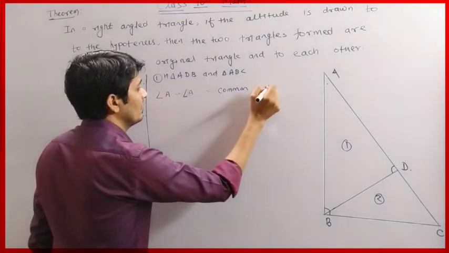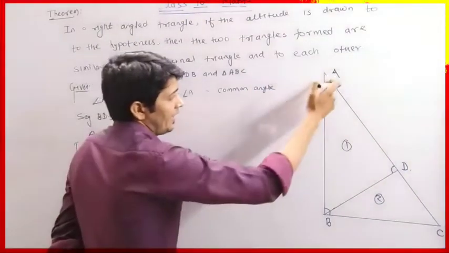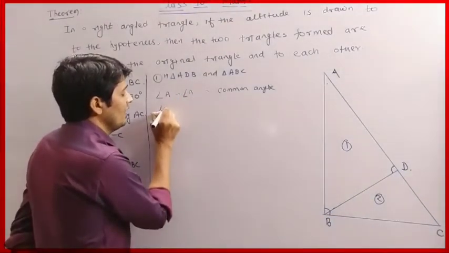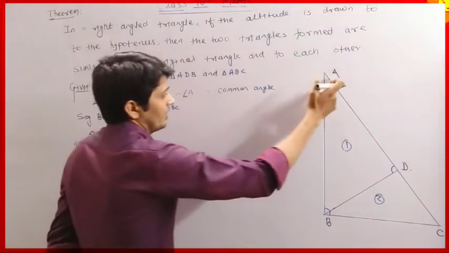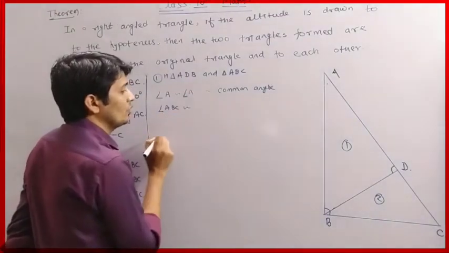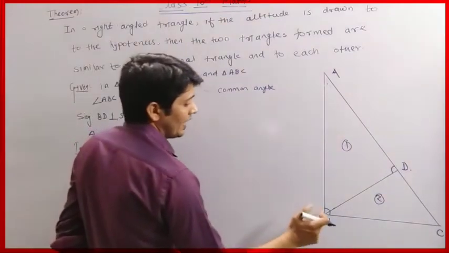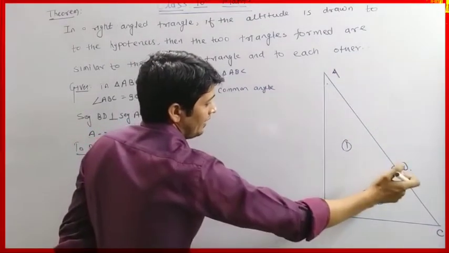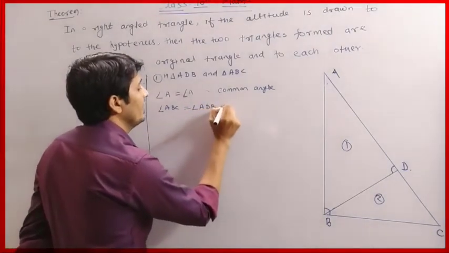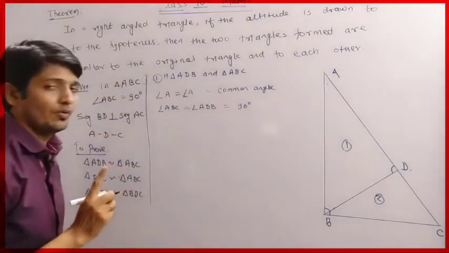Then, in triangle ABC, angle ABC is 90 degrees, which is equal to angle ADB, and both are 90 degrees.